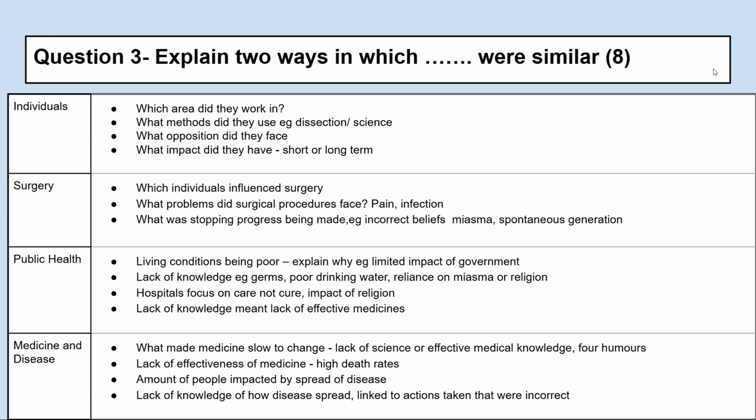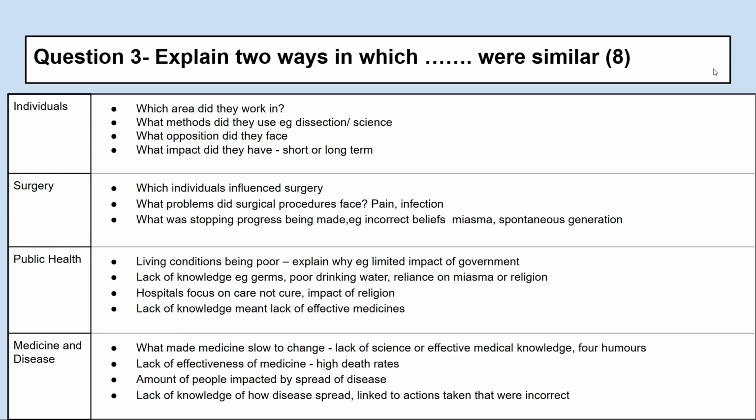And finally, medicine and disease. You could talk about what makes medicine slow to change: the lack of scientific knowledge, the lack of medical knowledge, the reliance on four humours from Galen. You could talk about the lack of effectiveness of medicine that leads to high death rates still as a result during several time periods.